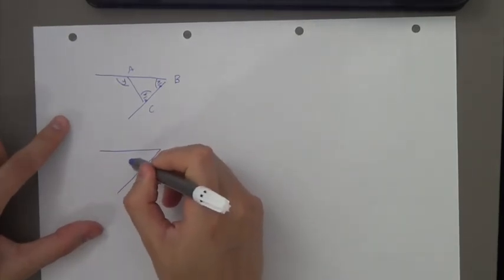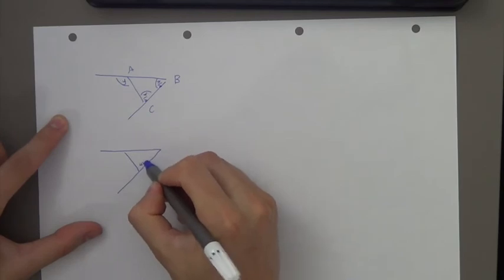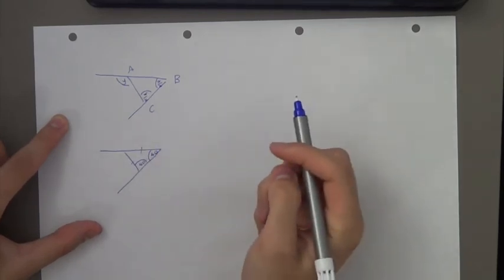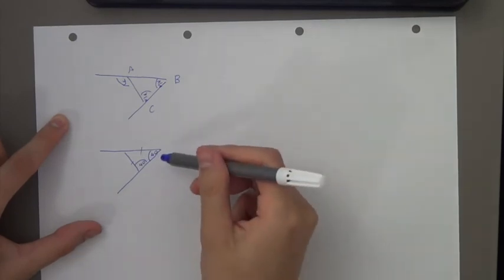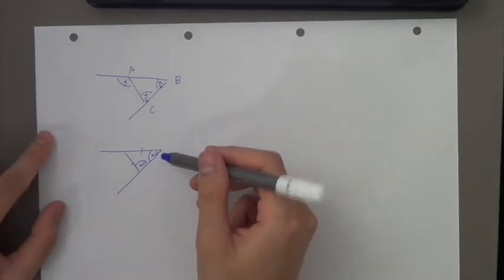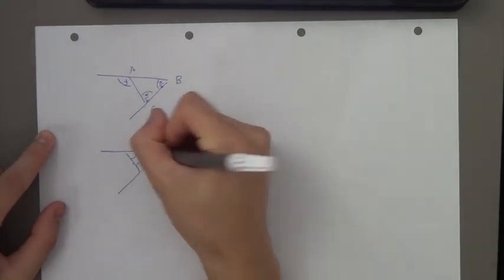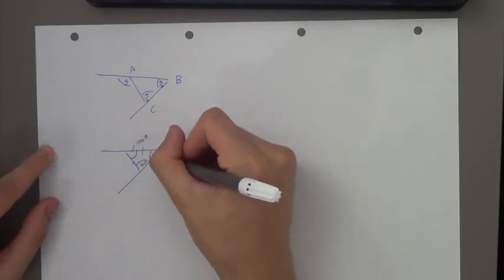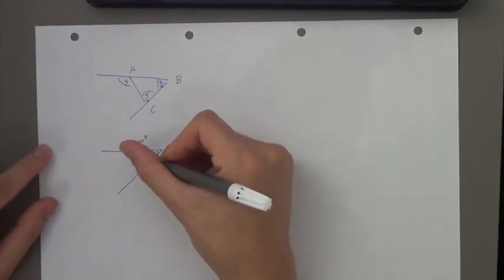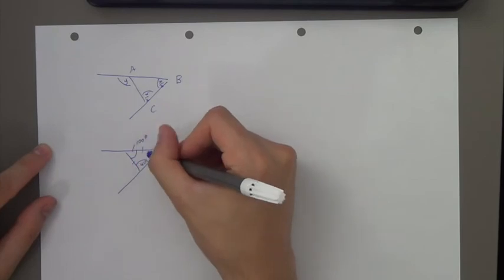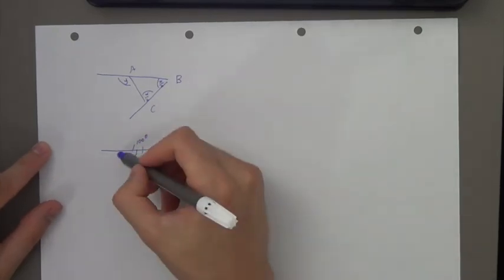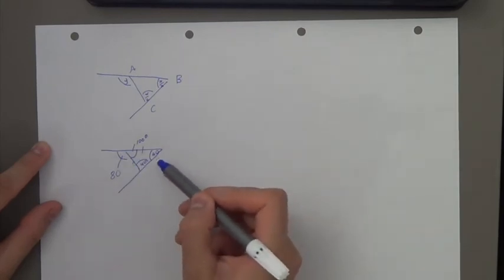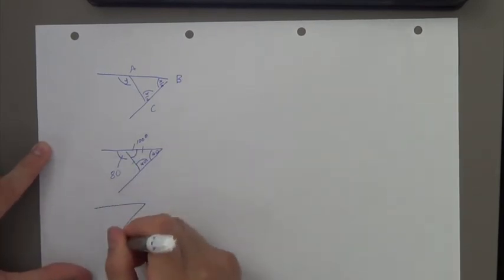If this was 40 and this was 40, this is an isosceles triangle. Remember, this is not drawn to scale, but we know that this angle has to equal 100 degrees because 40 plus 40 equals 80, and all the angles in a triangle have to add up to 180. Therefore, this angle would have to be 80. Well, 80 equals 40 plus 40.